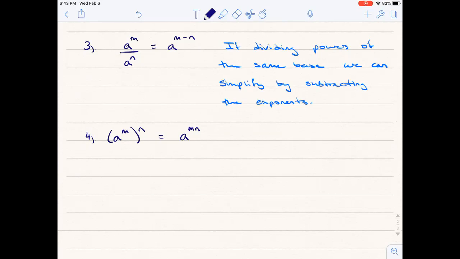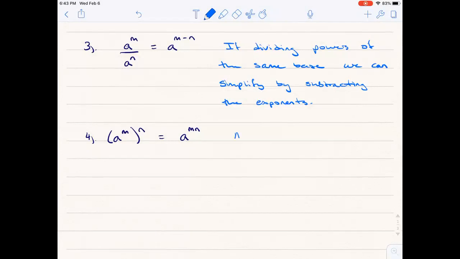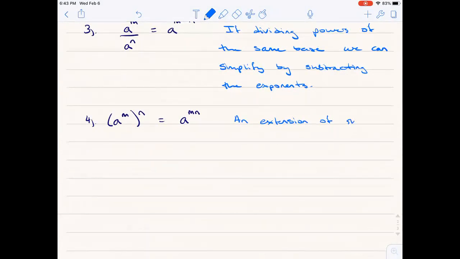And so what you get is just A to the power of M times N. And so I'll just say that this is an extension of rule number 1. And so that's just a fact.